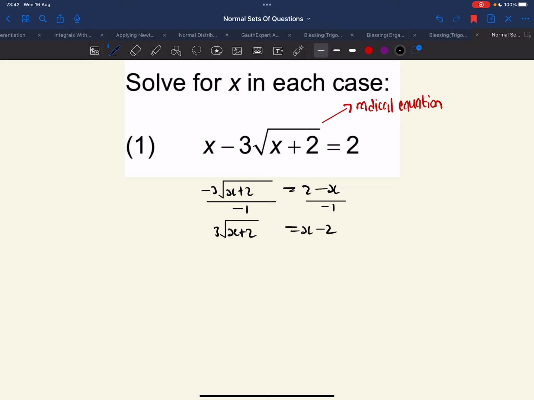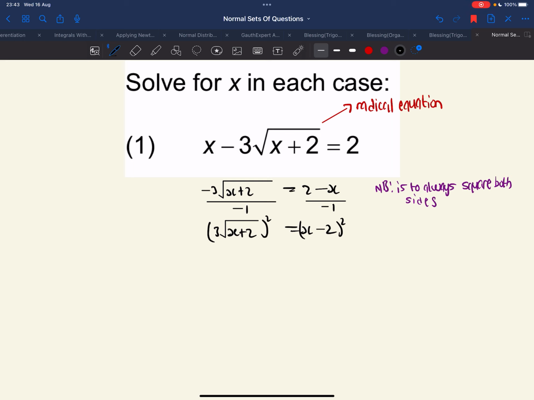In these kinds of equations, the most important step is to always square both sides.